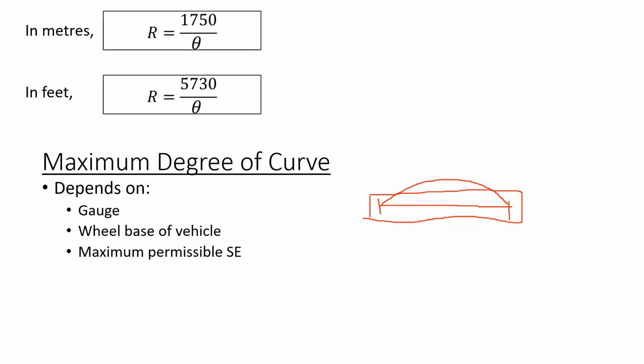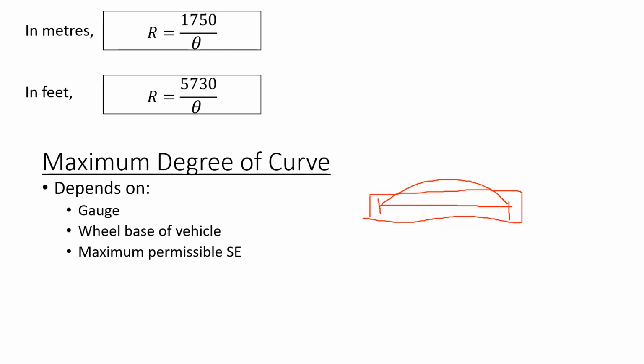So if the degree is too high or the radius is too small, then the length of the wheelbase cannot run freely around this curve, which can lead to derailment. So that is one limiting factor for the degree of the curve.